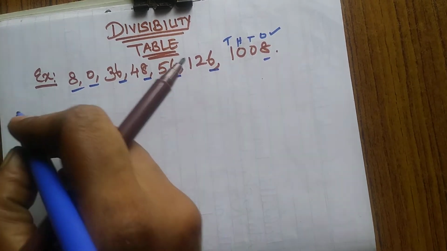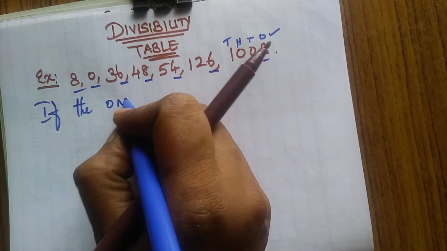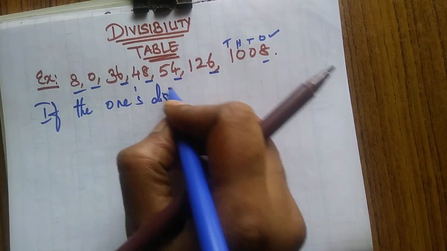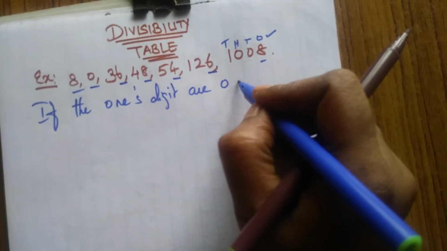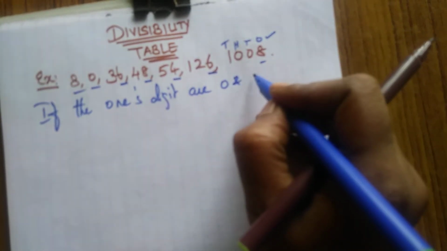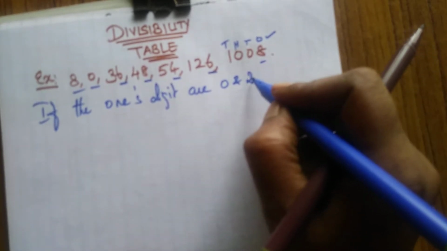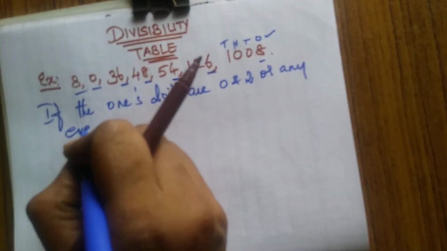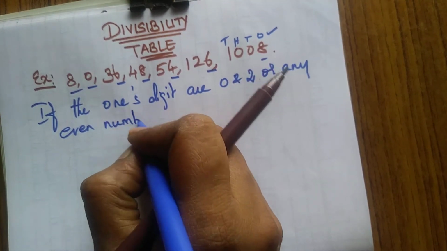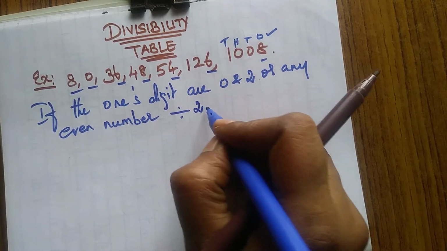If the ones digit is 0, or 2, or any even number, then the given number is divisible by 2.